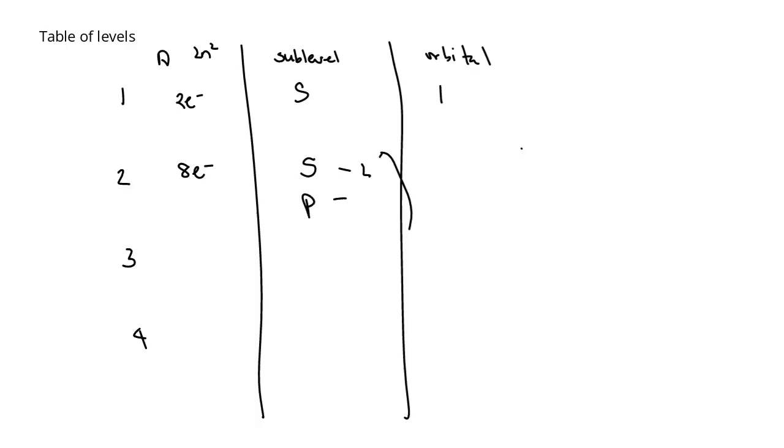Then comes the P. I can put up to 6, which I already told you. When I add 6 plus 2, that gives me the 8. So there's only one S type. How many P's then? There's more than one. How many electrons per sublevel? 2. I have 6. How many types? 3.